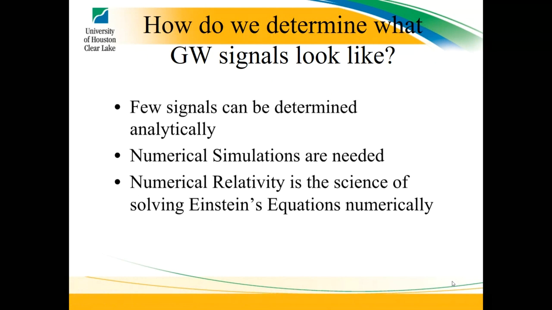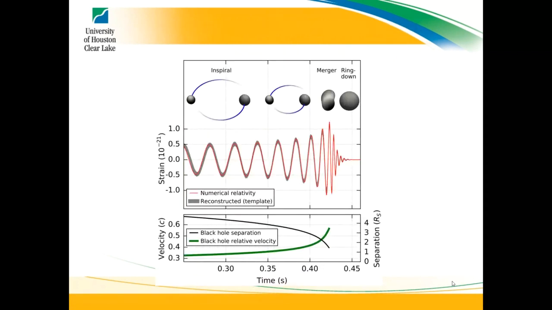So the thing about these signals is that few of them can be determined analytically. It's literally too hard of a math problem. We have to actually do numerical simulations, and this is where numerical relativity comes in. So basically, here is what the gravitational wave collision looks like for two binary black holes, where there's three phases to it.